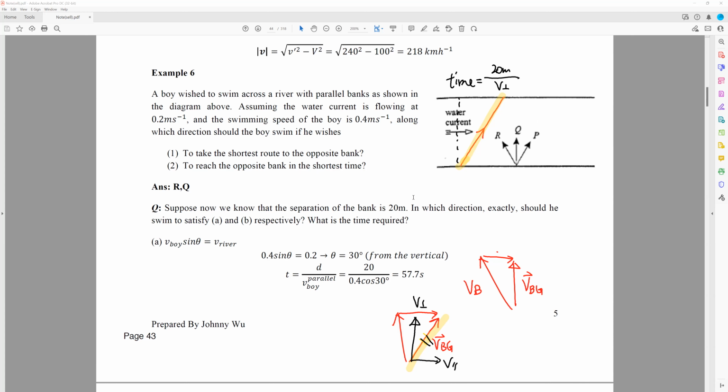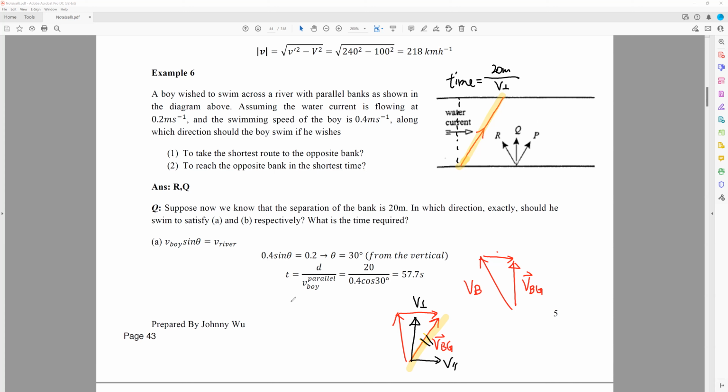Not yet, I didn't say how to make it travel in the shortest time. So how to travel in the shortest time? That means we need the vertical component to be largest, is it? So how can we make it largest?